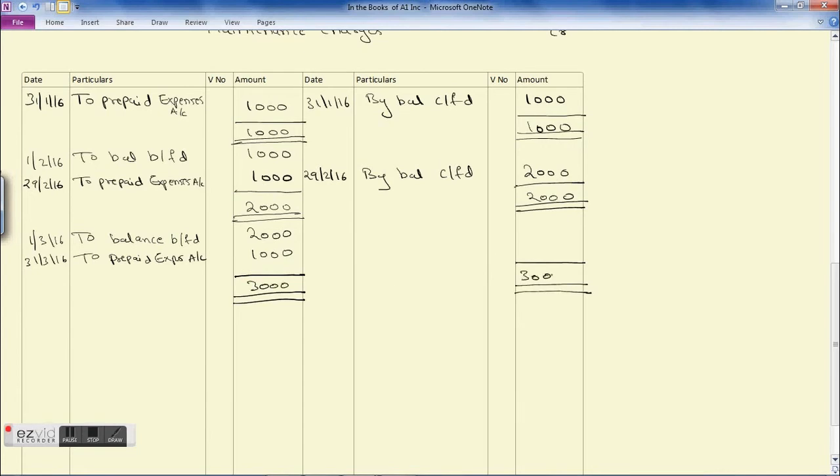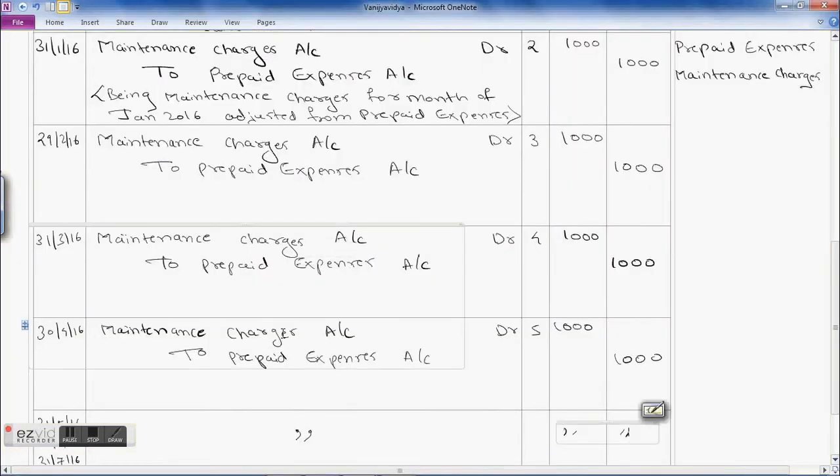Now for maintenance charges account, total is 3,000 on debit side, credit side 0, so total is 3,000, we are taking it on both sides. Then on 31st March 2016, by balance carried forward 3,000. Then 1st April 2016, to balance brought forward 3,000.